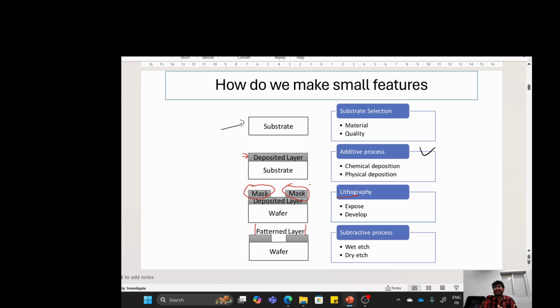After you select the desired substrate, you do the deposition of the layers. If you are making transistors, the substrate may serve as a gate, like highly doped n++ substrates, and then you can deposit desired layers, like SiO2, Al2O3, or hafnium oxide.